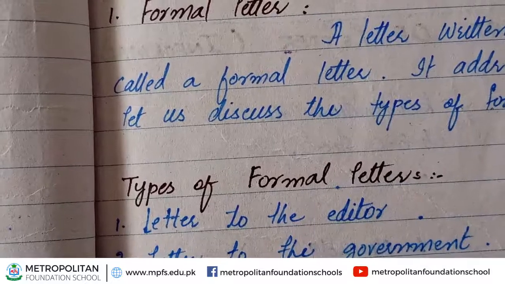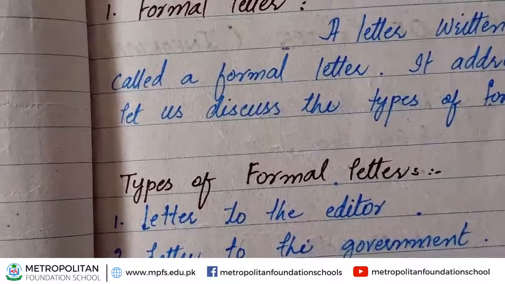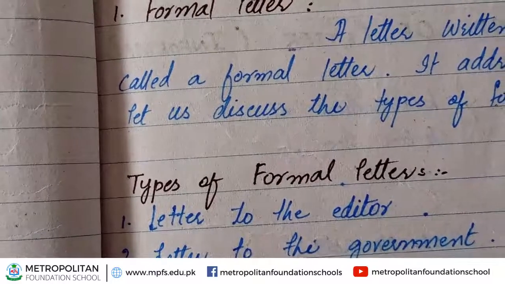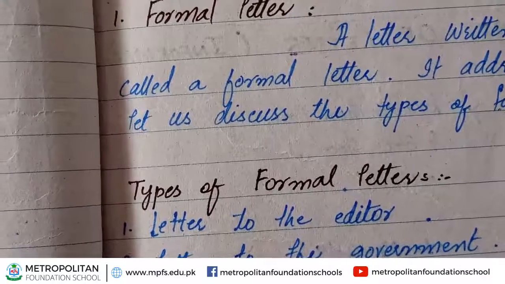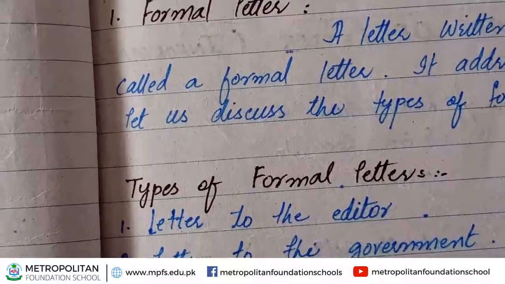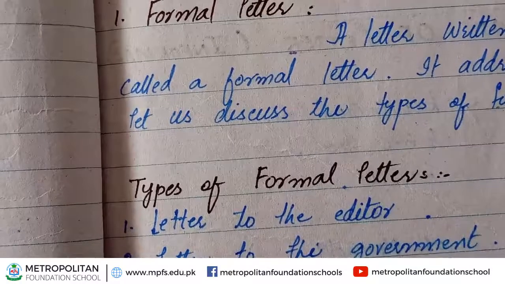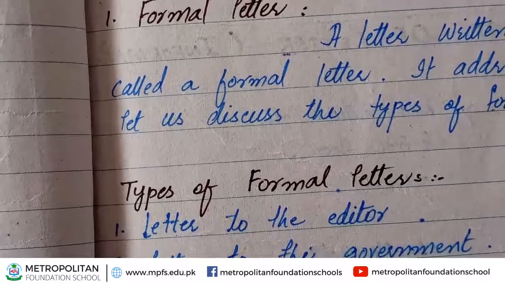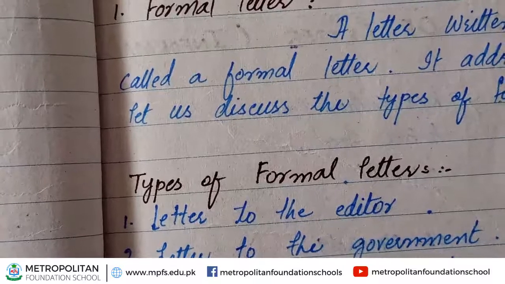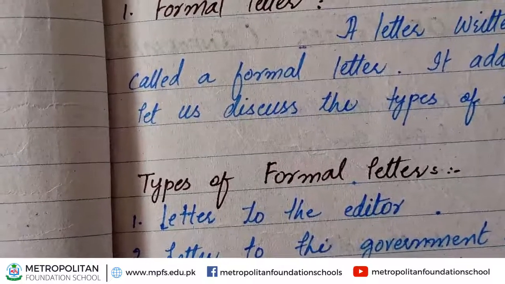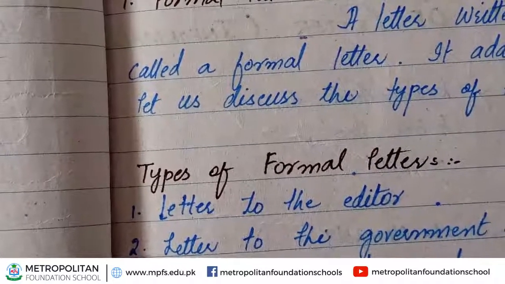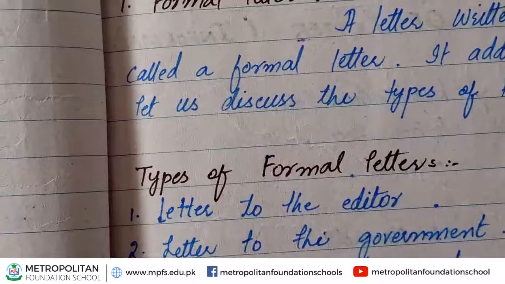You can also use another format for the date, for example 14th May 2021, or you can write the month first, then the date, then the year, like May 14, 2021.